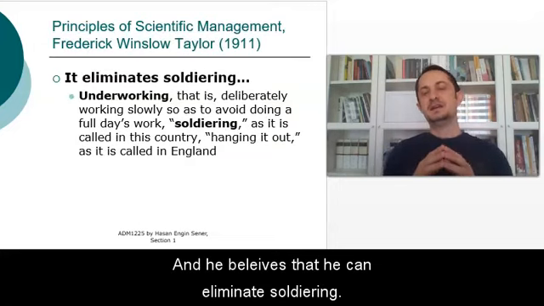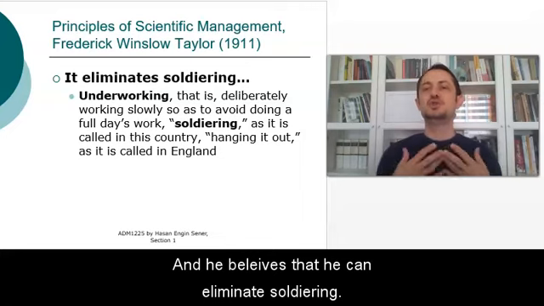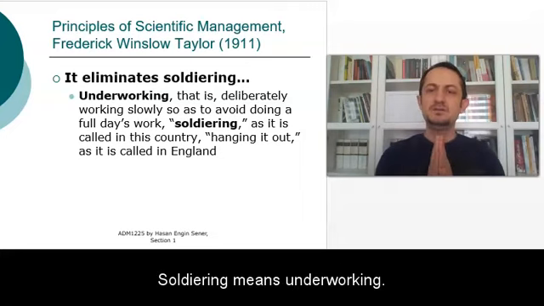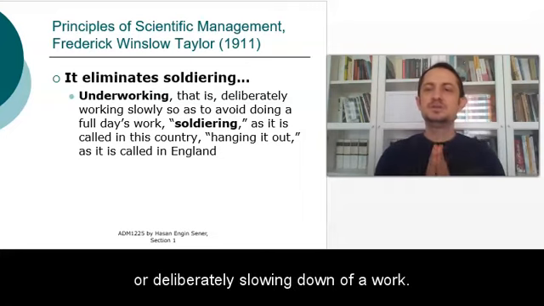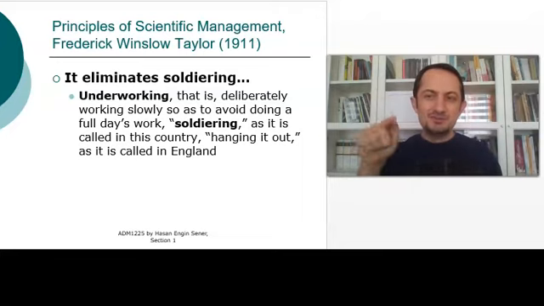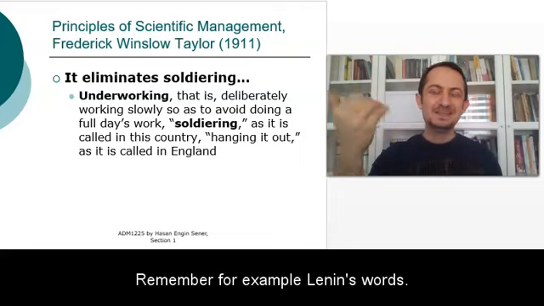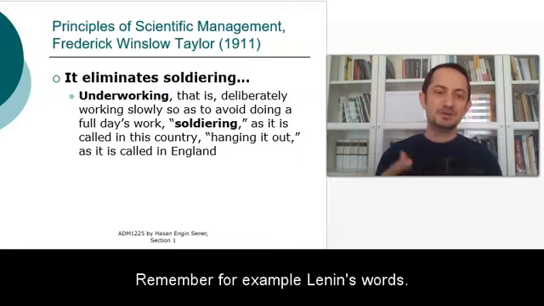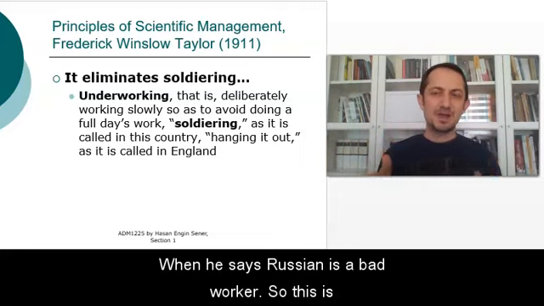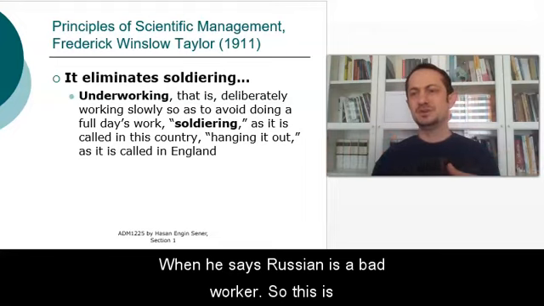And he believes that he can eliminate soldiering. Soldiering means underworking or deliberately slowing down other work. Remember, for example, Lenin's words when he says Russian is a bad worker.